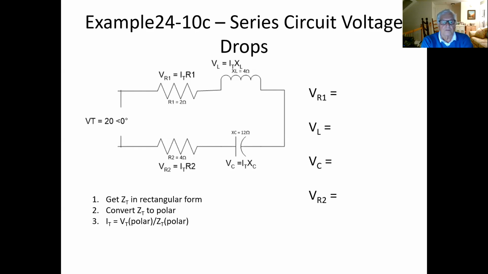Then we convert ZT to polar coordinates. Why do we do that? Because it's the easy way to divide; it's easier than figuring out the complex conjugate and so forth. Then our current IT is going to be VT in polar form, which is 20 at 0 degrees, divided by whatever ZT polar is. And once we've got IT, we can figure out all those different voltage drops.